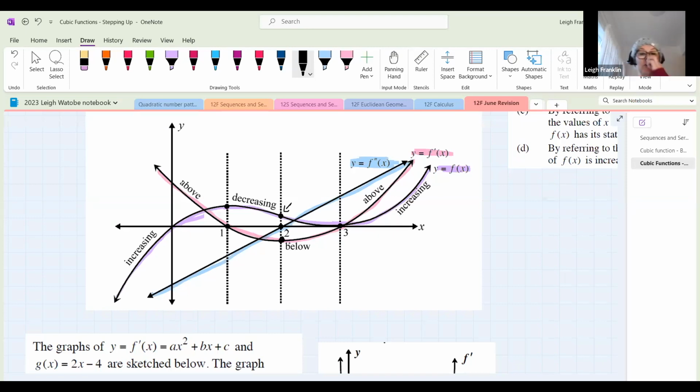What does the point of inflection represent for us? What does the point of inflection mean to us? What's happening here at the point of inflection? On our cubic function, what happens at our point of inflection?